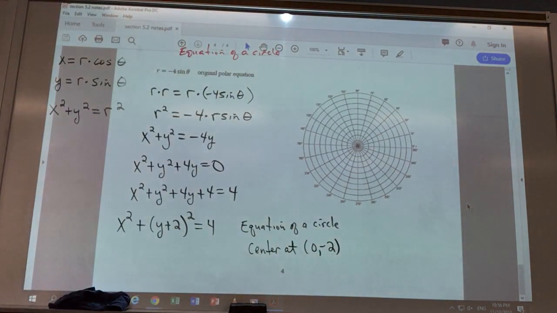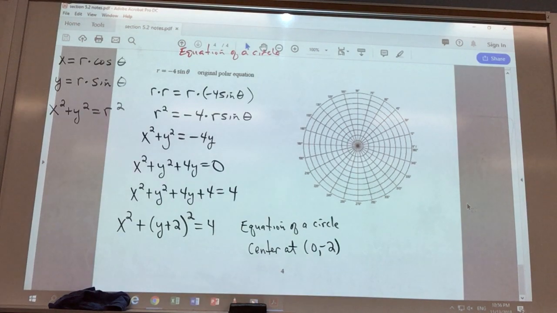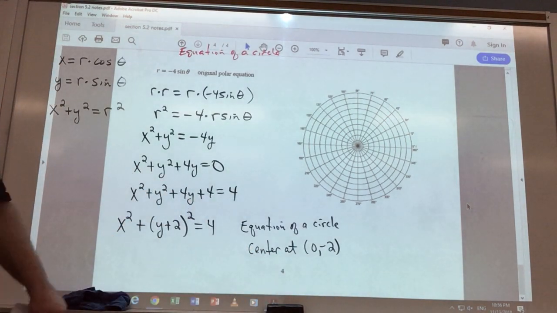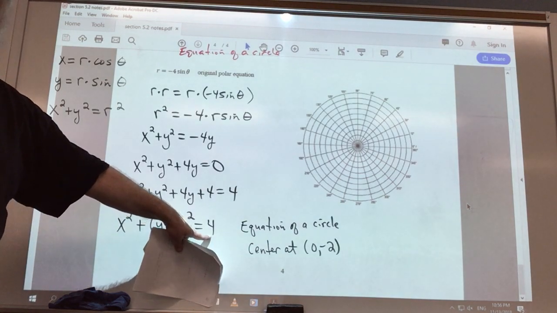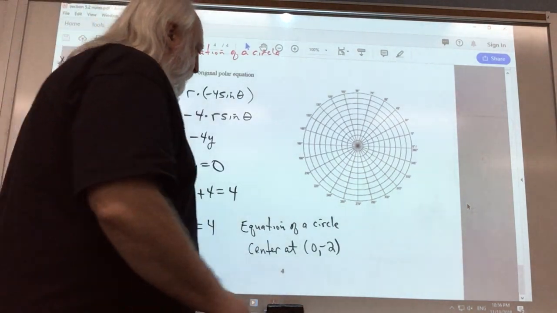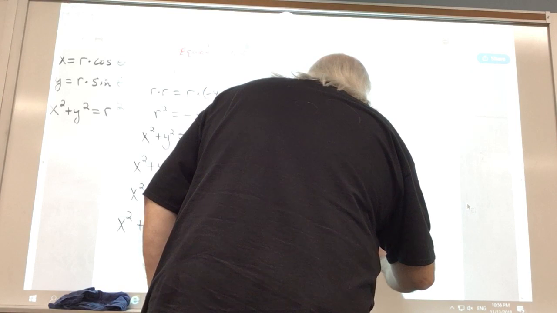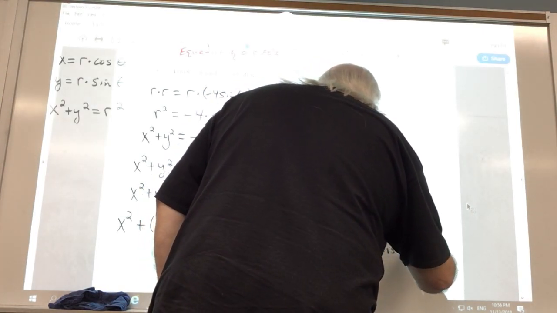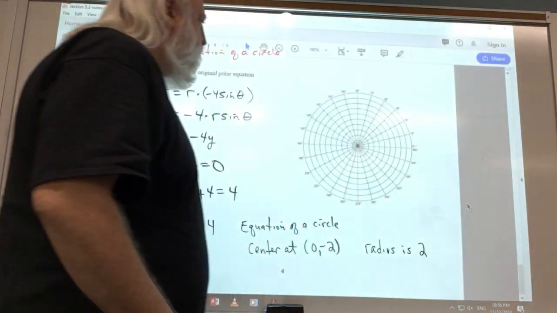The center is at the point 0, minus 2 in the coordinate plane, which is on the negative y-axis. And r squared is equal to 4, which means r is equal to 2. And so the radius of this circle is 2 units.